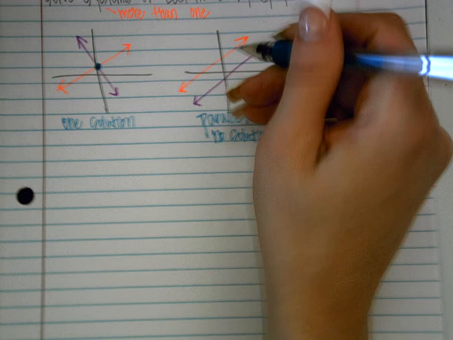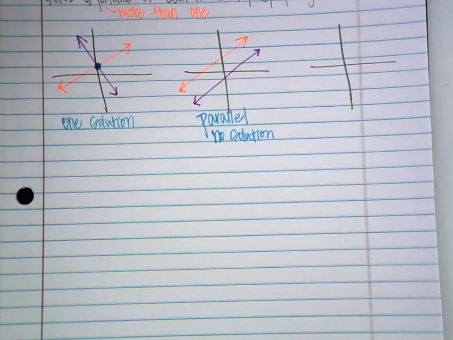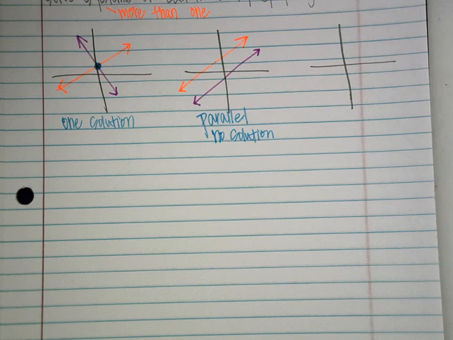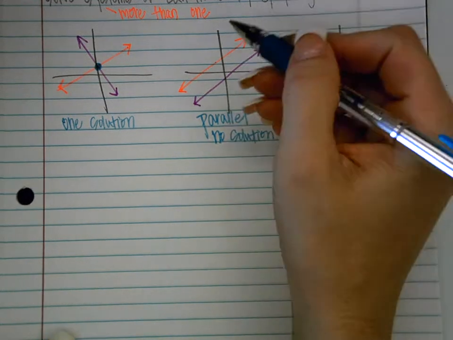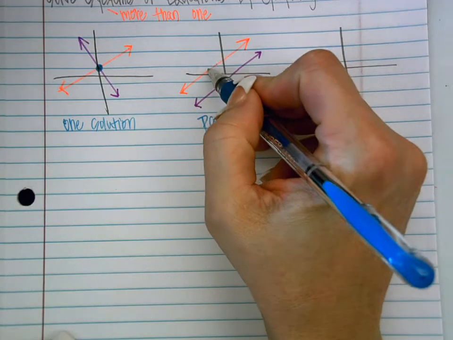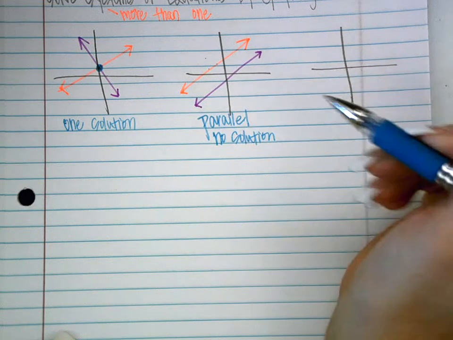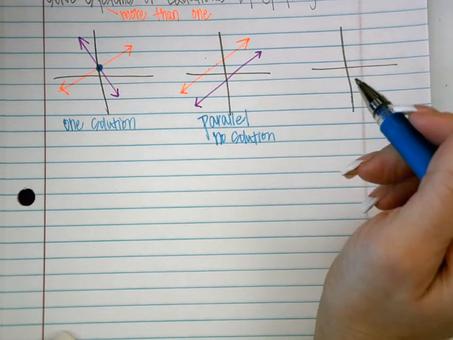Sometimes they're designated by the little arrows that say they're parallel. They're at the same angle. They do have something in common, but what do they have in common? Each one goes up and over the exact same amount.